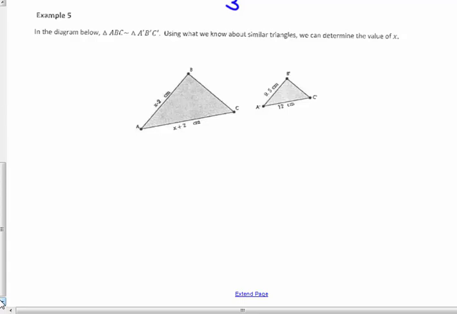Setting up my proportion correctly, this x minus 2 and its related A prime B prime side, I'm going to put them in my first ratio.